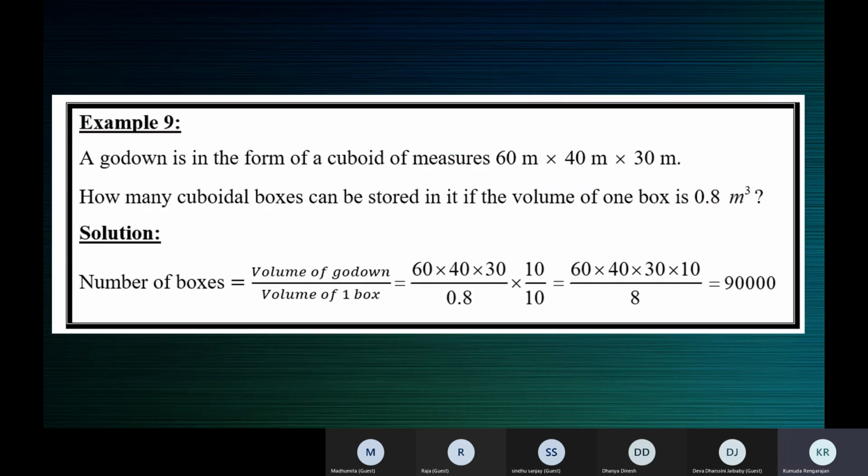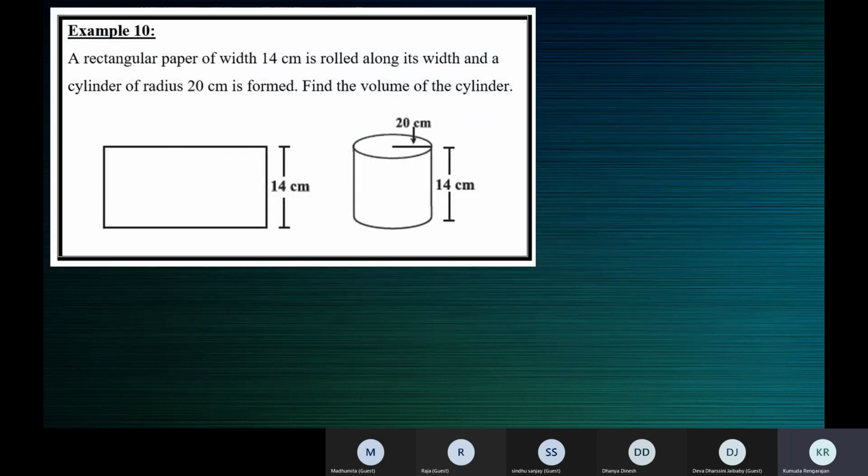Similarly, a cylinder is a solid obtained by stacking up identical circles. Circles are plane figures. You have many identical circles of radius 20 centimeters.